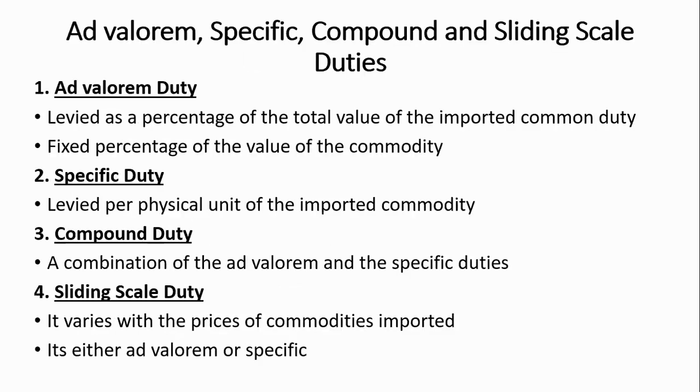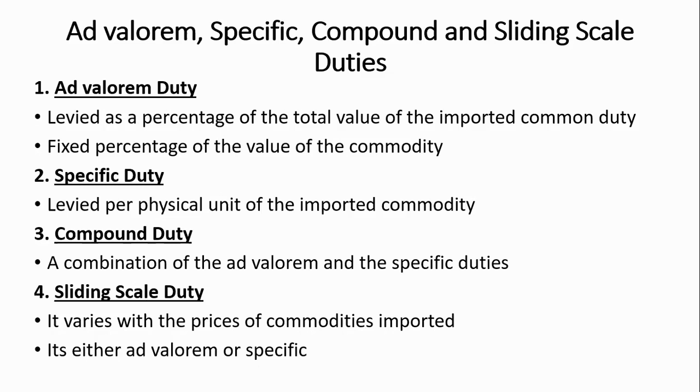Then the next category of tariffs are ad valorem, specific, compound, or sliding scale duties. First, let us see what is ad valorem duty. This is the most common type of duty that is imposed.